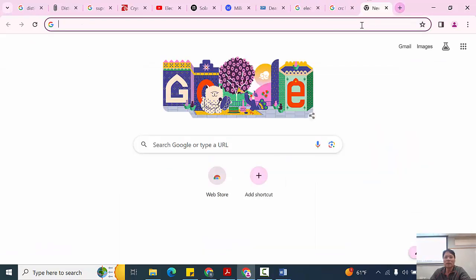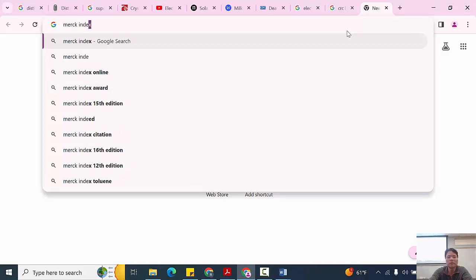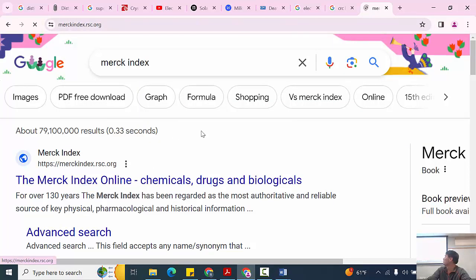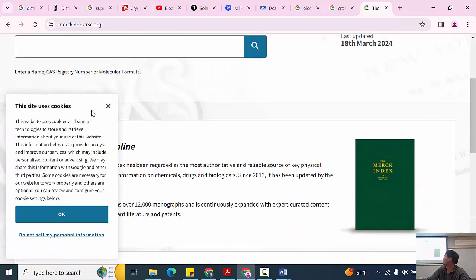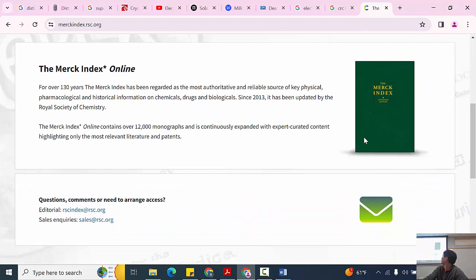That's the CRC Handbook, and the other one is the Merck Index. And these are considered reliable sources. The Merck Index is more for the biological chemists, and the CRC is more for inorganic chemistry and physics. But this is chemicals, drugs, and biologicals in the Merck Index.